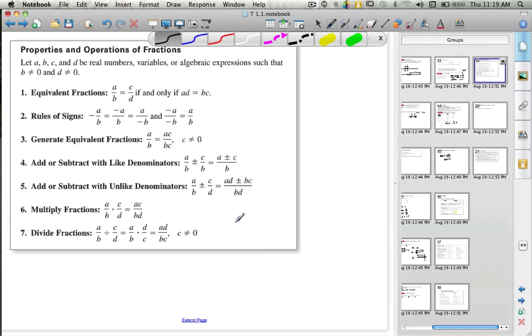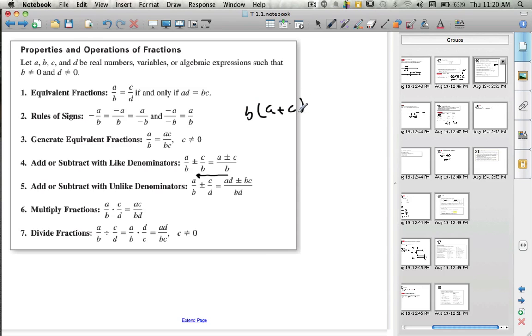Okay, so these basic skills, being able to add or subtract, multiply and divide, are really important. And things like adding and subtracting with like denominators, if I can turn this into this, that means I can also turn this into this. And you'll hear me talk about this as distributing the division, right? If I go from here in that direction, I will often say, well, you need to distribute the division. Because just like if I have 2 items being multiplied, if I have b times a plus c, that's going to be b times a plus b times c.